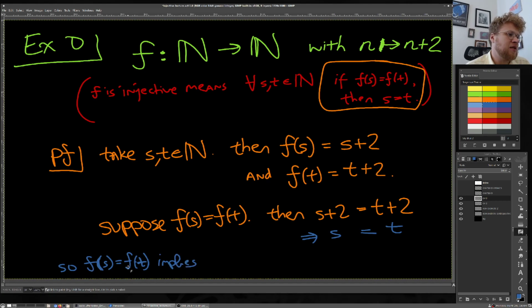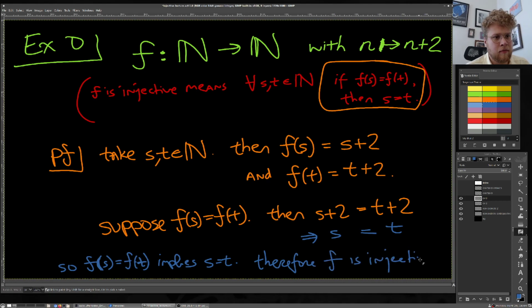So f of s equals f of t implies s equals t. And then you could say, since our choice of s and t was completely arbitrary, we didn't have any specifications about what they are other than that they were elements of the domain, f is injective. And that's it.